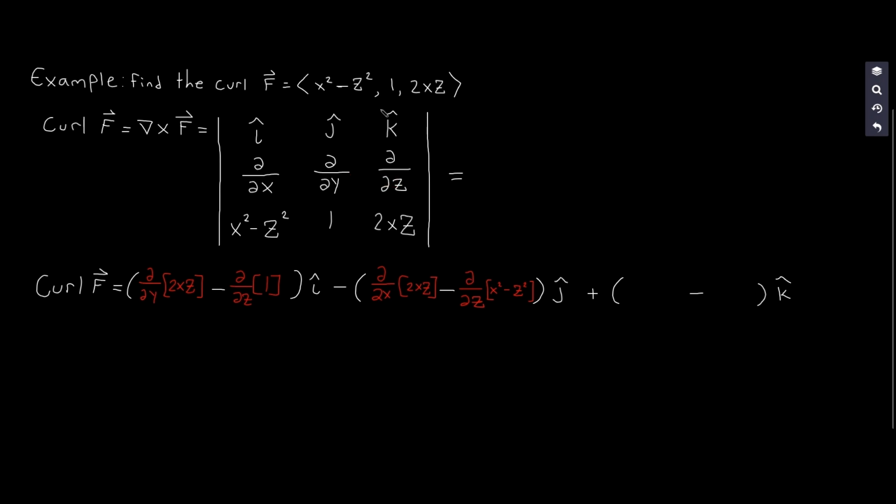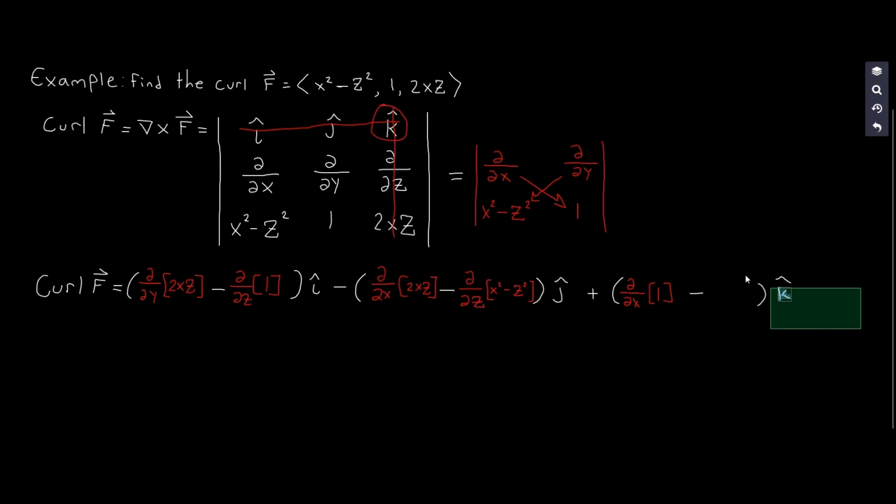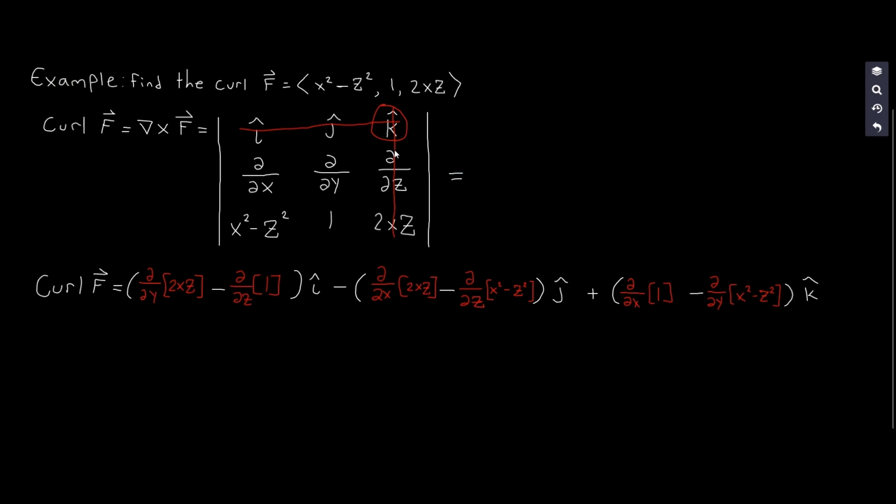So we're gonna set our sights onto our k hat. So let's do the partial derivative with respect to x of 1. And from that we will subtract the partial derivative with respect to y of x squared minus z squared. Oh yes, we're gonna need more room. All right. That'll be our setup there.